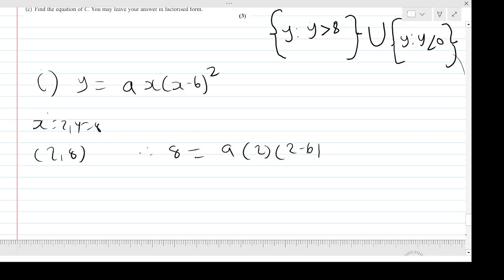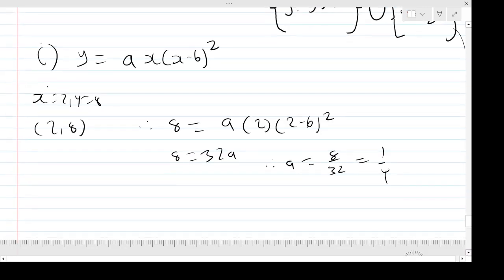That's 2 minus 6 all squared. Then 8 is equal to, if I do 2 times 2 minus 6 squared, I get 32. So that's 32a. Therefore, a is 8 over 32, which is a quarter, I believe. Yes, a quarter. So my final equation, my complete equation, is y is a quarter x of x minus 6 squared.